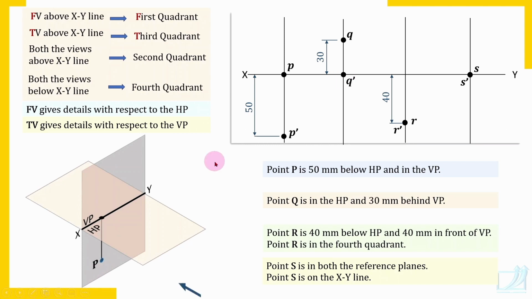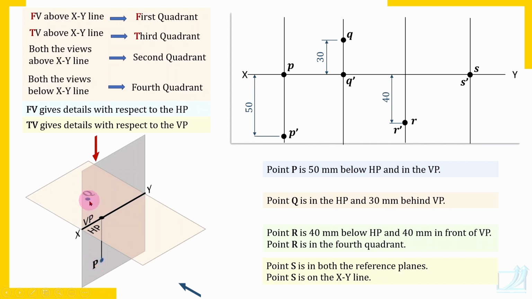So when you observe from front, you will be able to see that vertical distance as 50 millimeters. But if you observe this point P from top, you will find that point P is on XY line. So from top, that means its top view is on XY line, and from front, that is its front view is 50 millimeters below XY line.